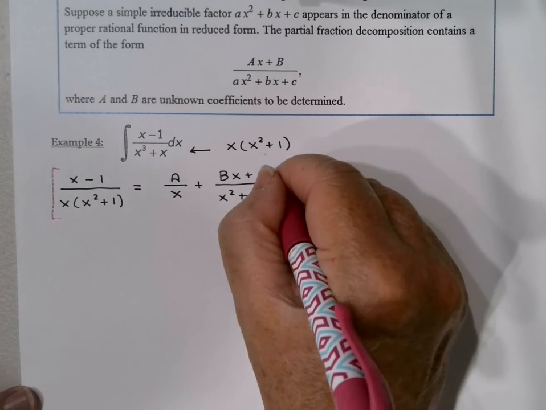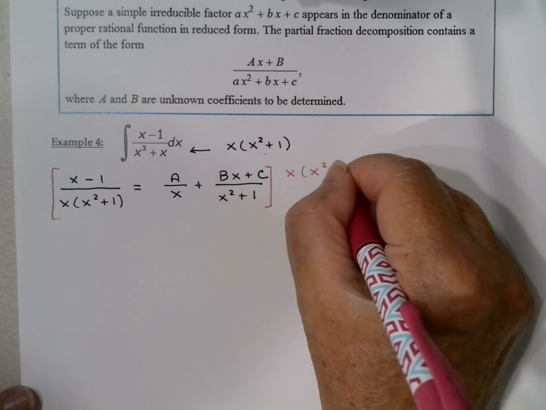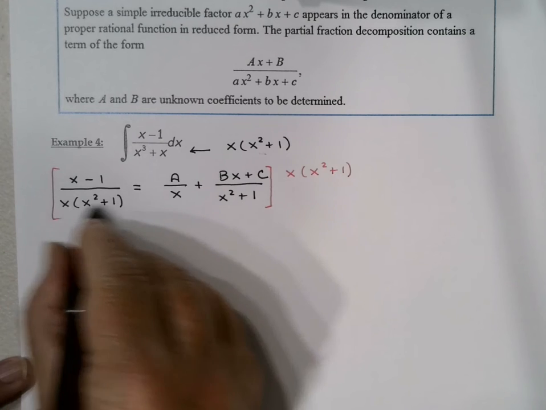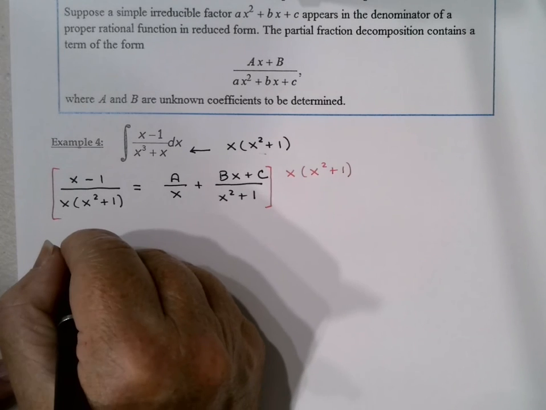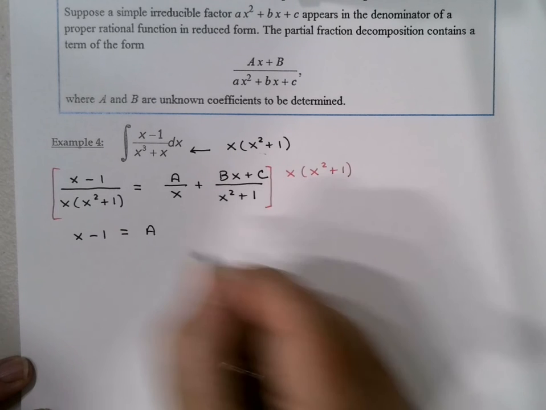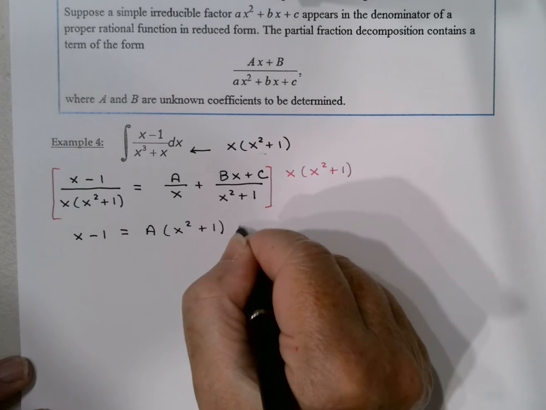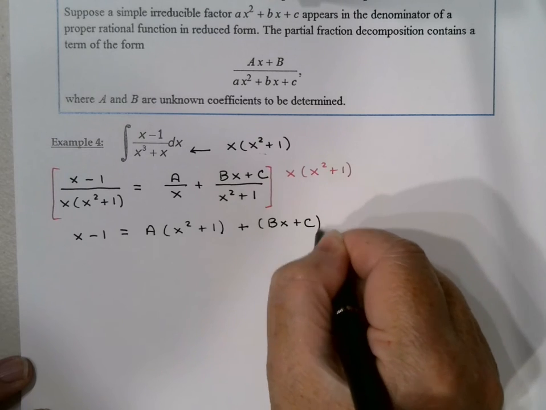All right, I once again want a clear fraction, so I'll multiply by the common denominator, x times x squared plus 1, which is going to divide out with the entire left-hand denominator side. And so I get the x minus 1 over here. And that will equal a times x squared plus 1 plus bx plus c.